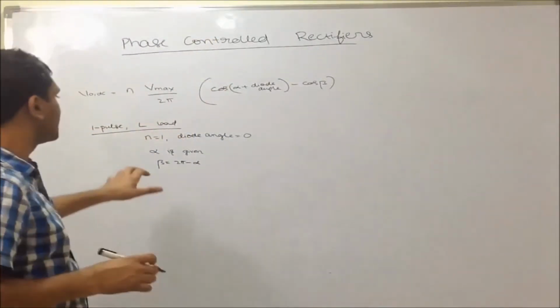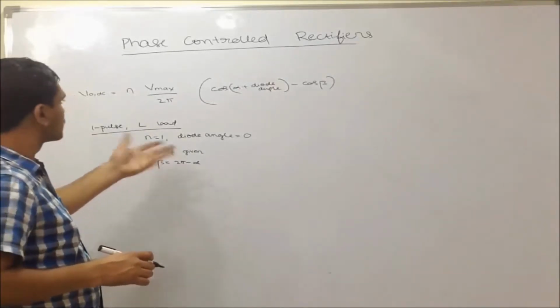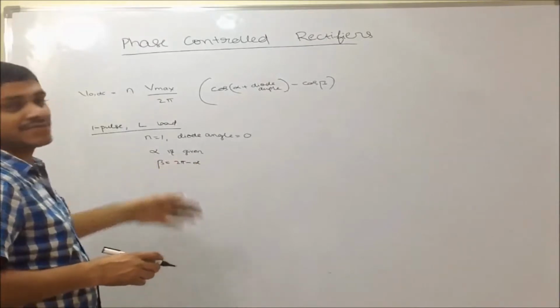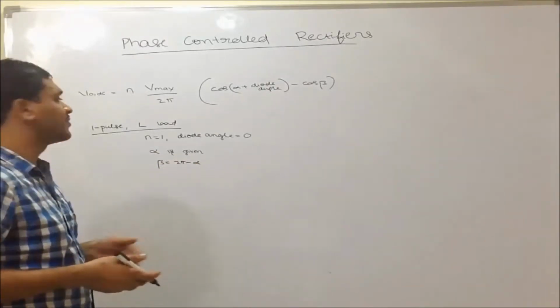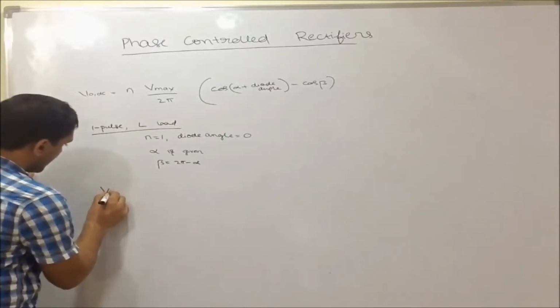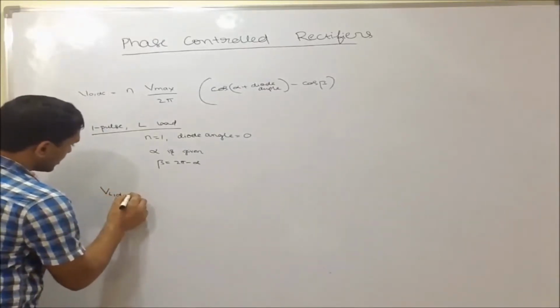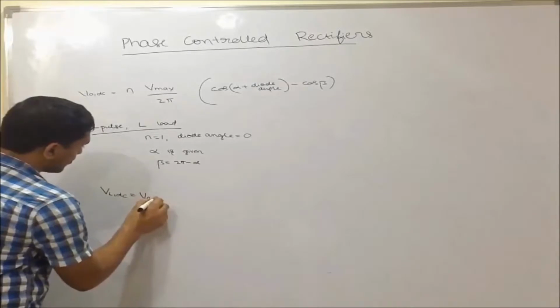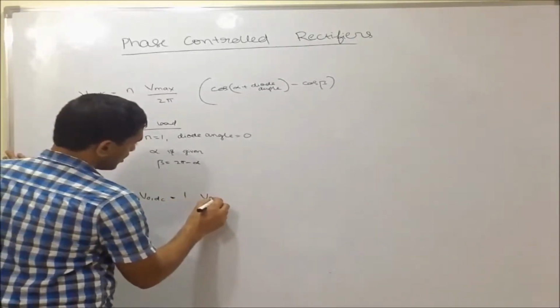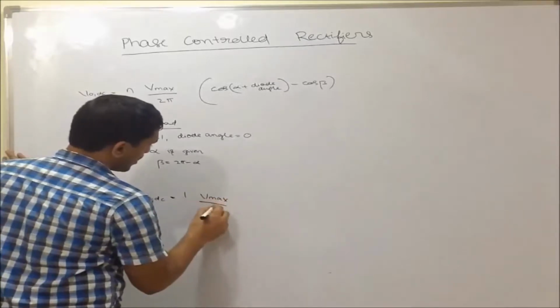How have we calculated beta? Beta we can get from the current waveform. So if you write VLDC, in this case it becomes V naught DC, with N equal to 1, V max divided by 2 pi.